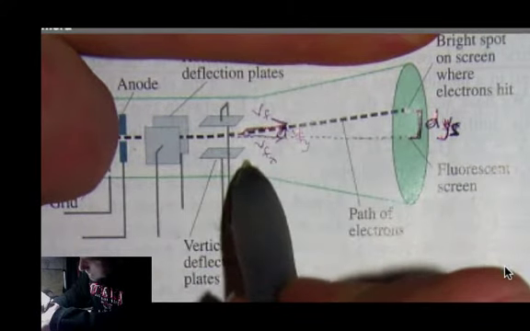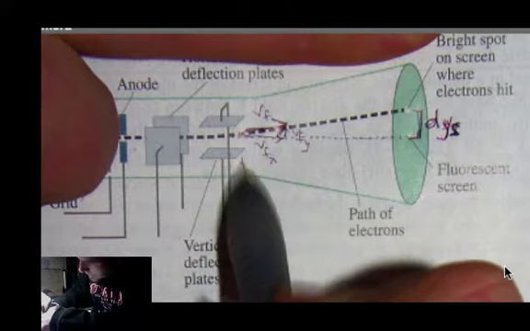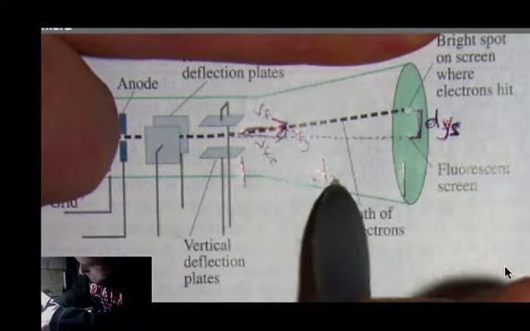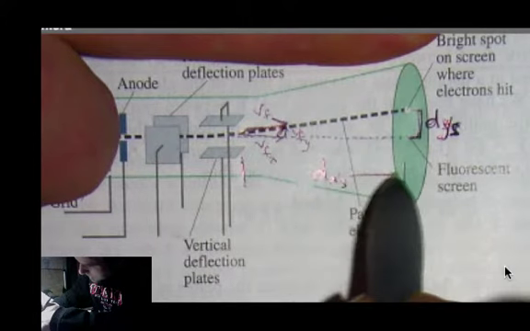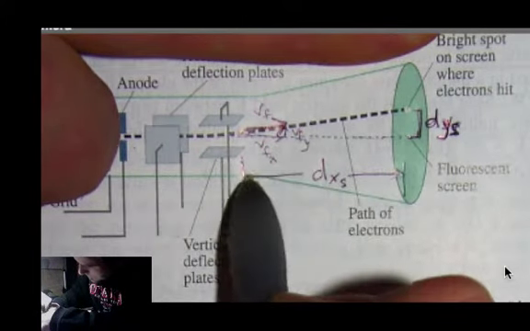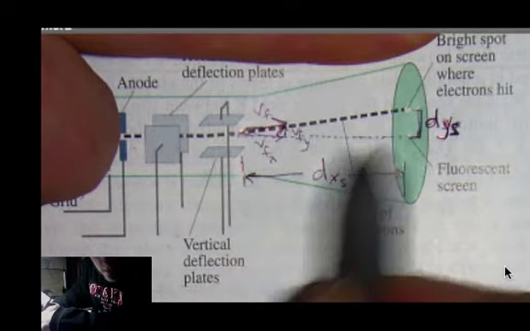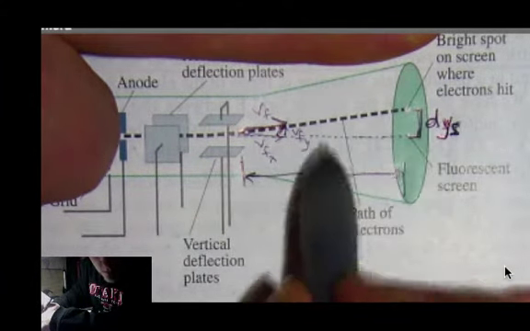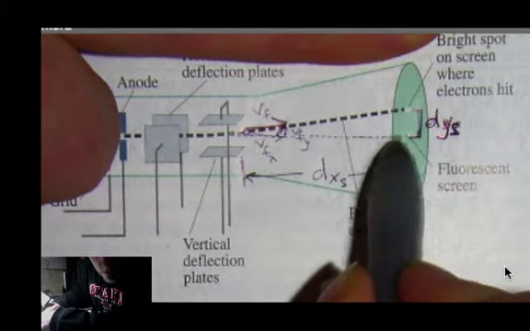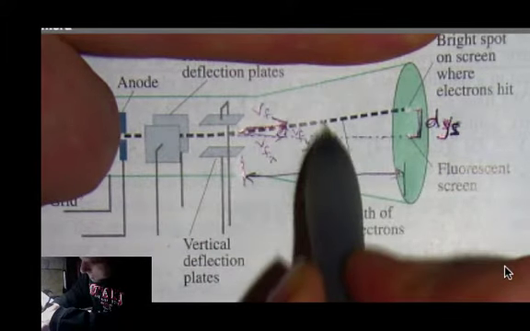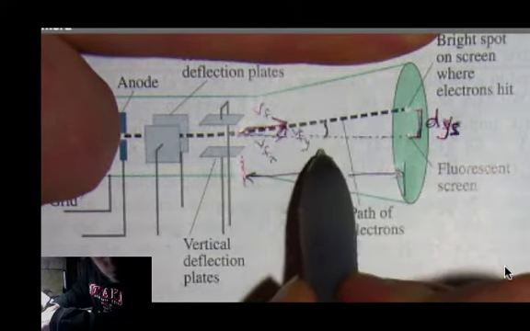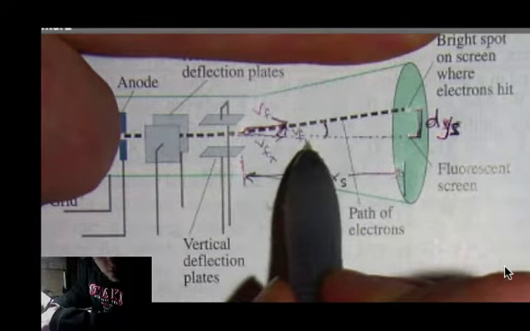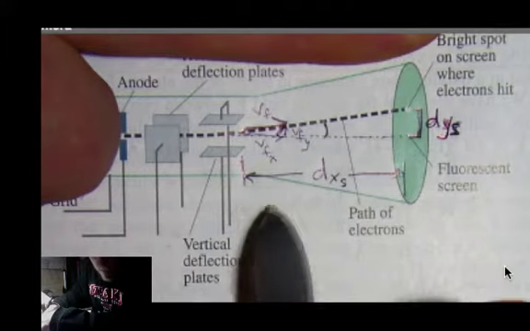You've got a distance from when it leaves the plates to when it hits this screen up here. That is my x to the screen. I have a deflection in the y on the screen, and I have this big triangle which has an angle in it defined by the angle created by the final y velocity, the final x velocity.